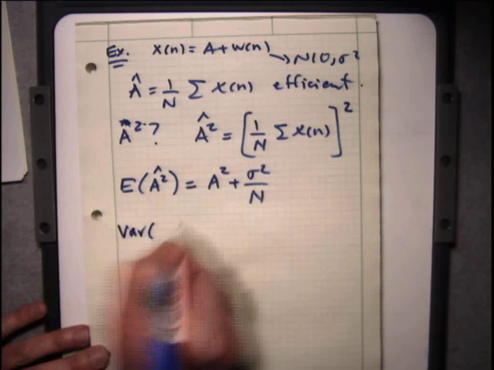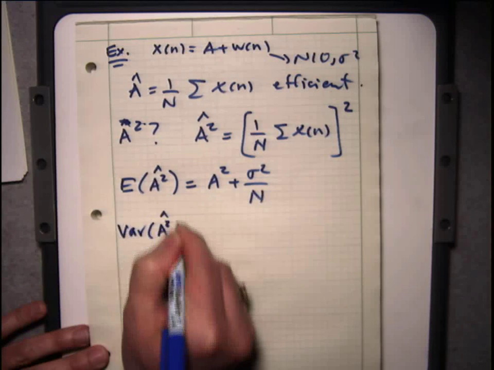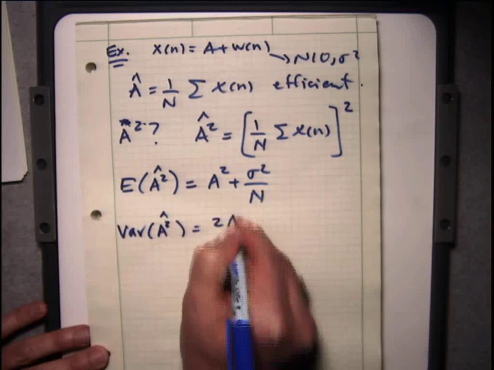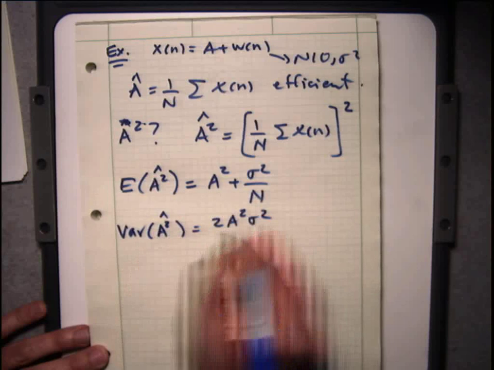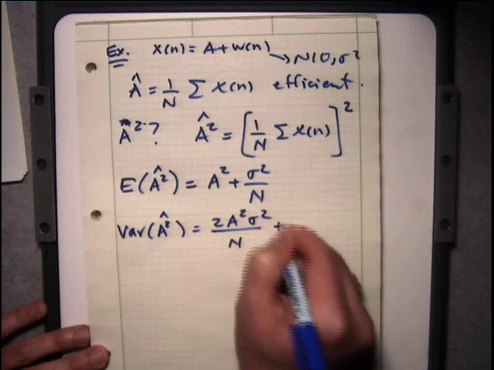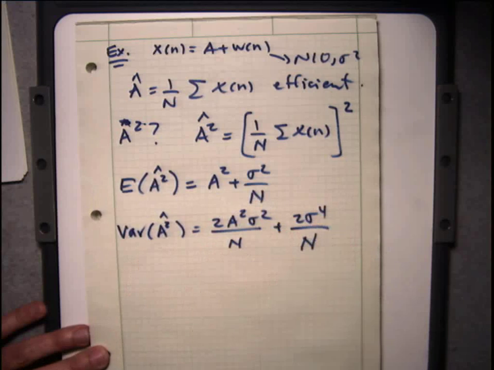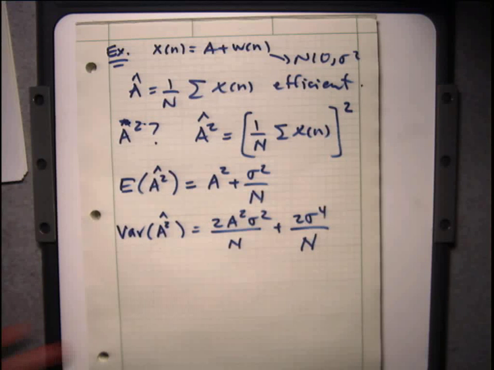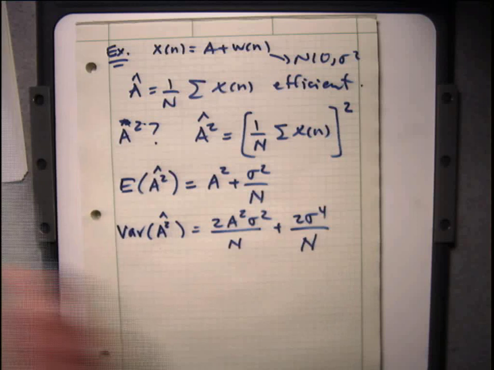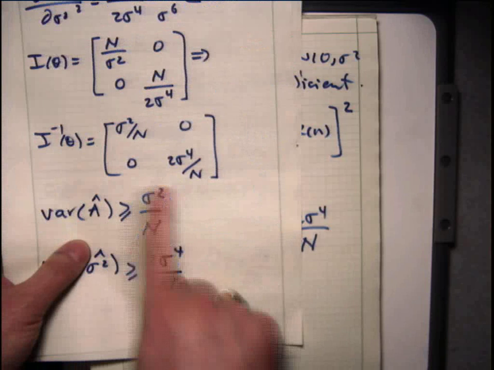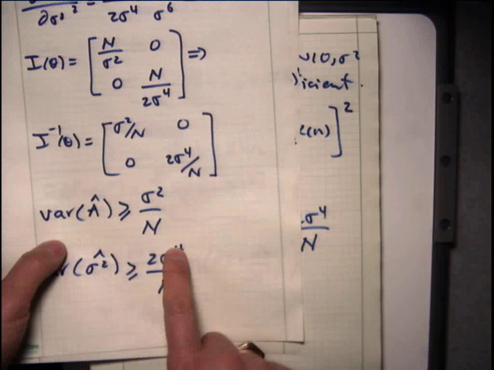Also, the variance of a squared hat is 2a squared sigma squared over n plus 2 sigma to the 4th over n. Remember, we had this variance bound.